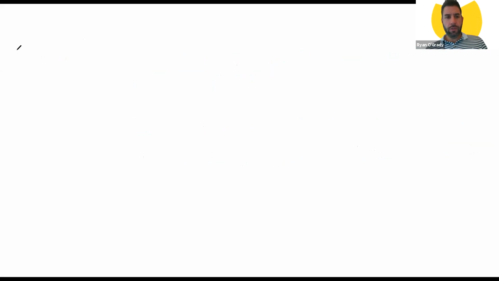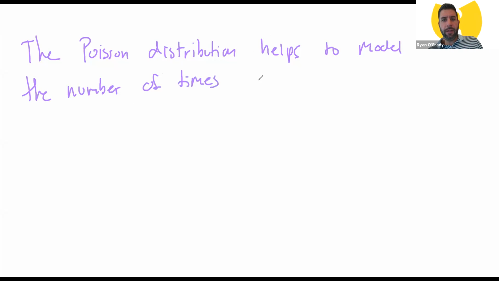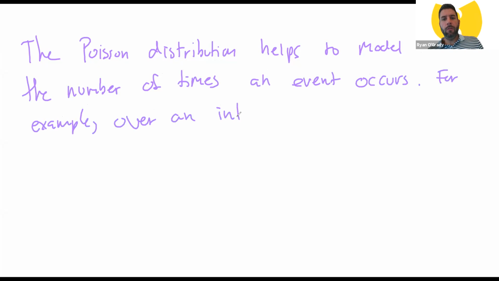The Poisson distribution helps to model or explain the number of times an event occurs, for example, over an interval of time, or maybe space. So what do I mean by over an interval of time?